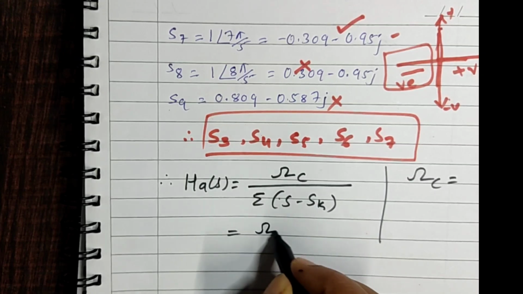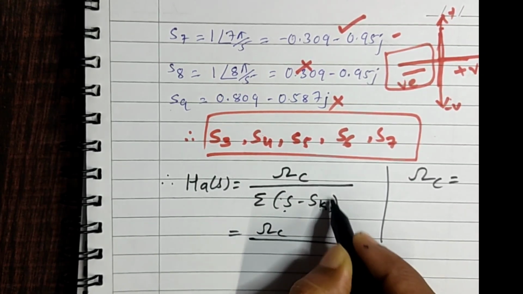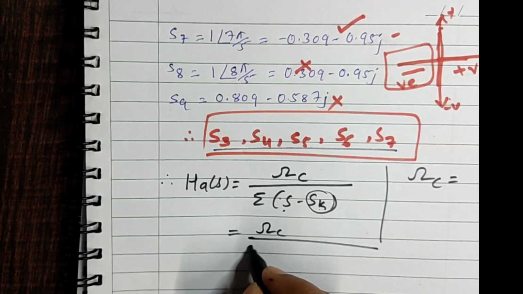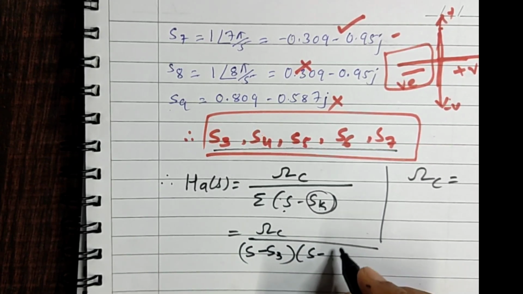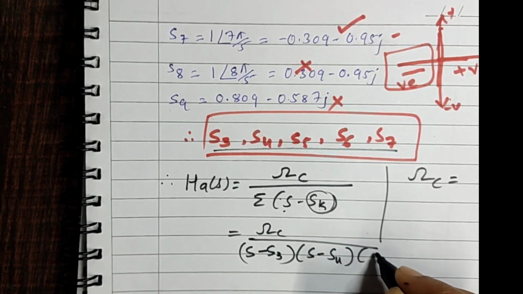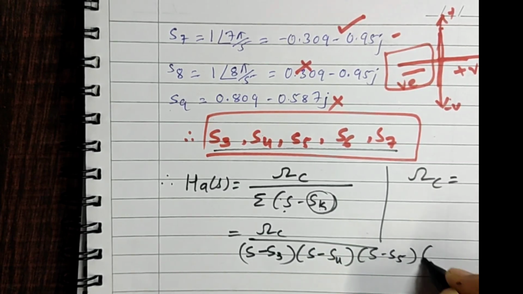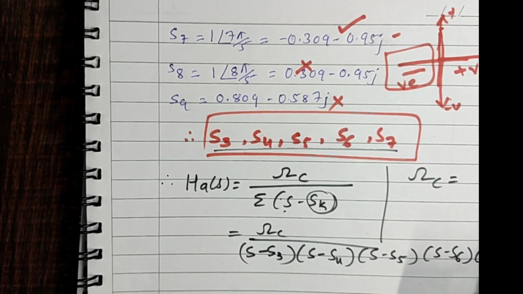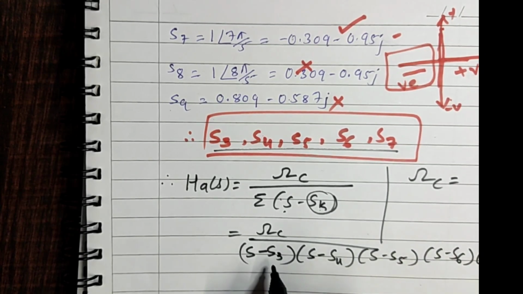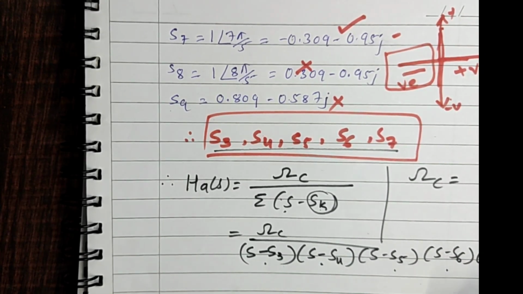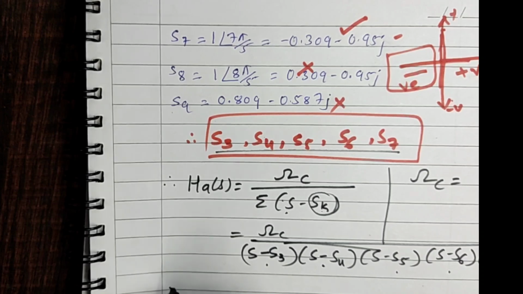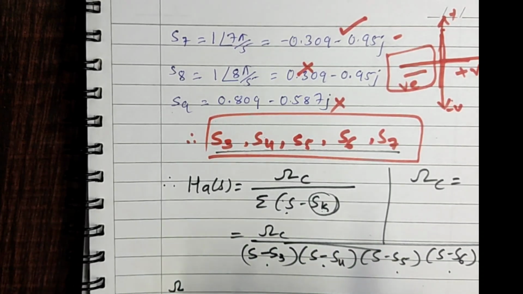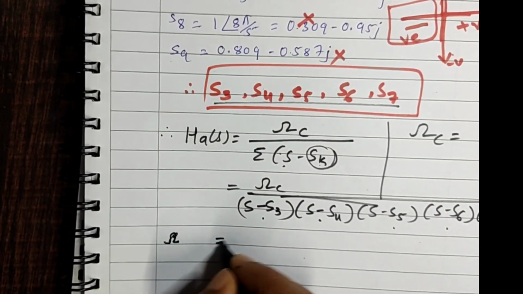Now we will write this omega C divided by the SKs: S minus S3 into S minus S4 into S minus S5, S minus S6 into S minus S7. How many poles are there? 1, 2, 3, 4, 5. These we have to consider. Let us calculate omega C, or you can calculate it at the last. Not a problem, we will hold this omega C as it is.